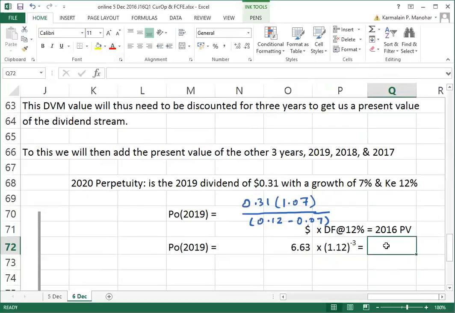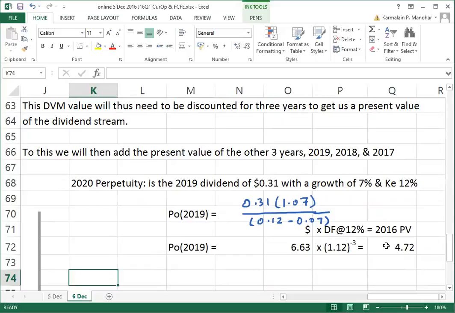Or you could pull your discount factor from the tables at 12%. It's up to you. Either should get you a value. 4.72. And let's stick to the 2 decimals. 4.72. Good. So that's P0 2019 from the perpetuity.